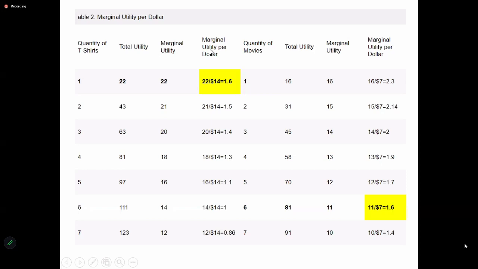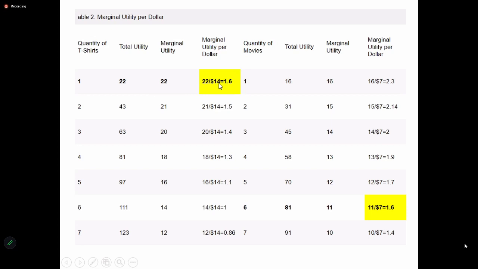Then marginal utility per dollar. I told you the t-shirt is $14 and the movie is $7. Then you can decide when it comes equal. Luckily, only one value comes similar.